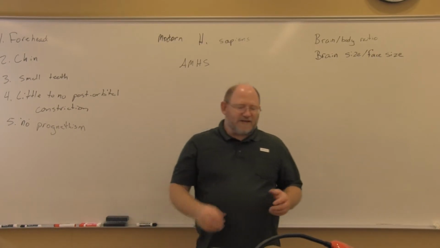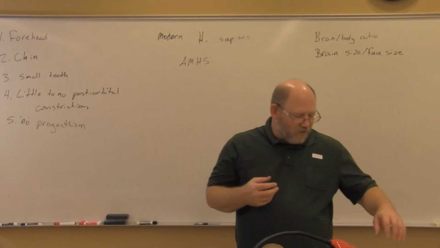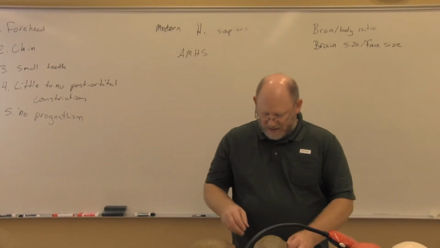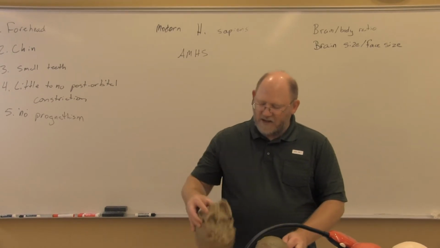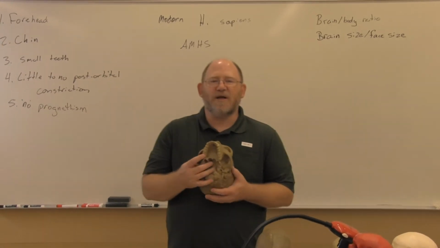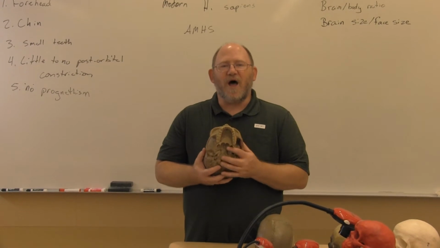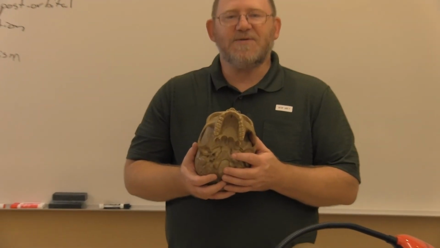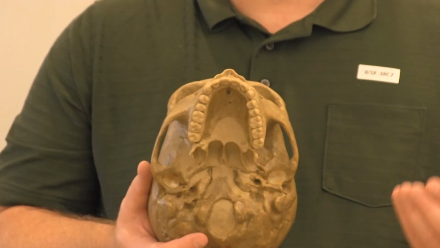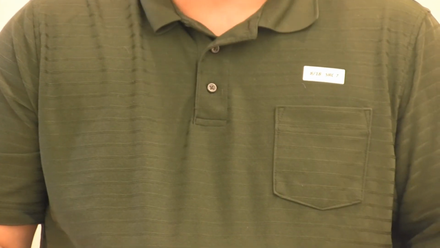Tooth size is smaller. With moderns, even with early moderns, the tooth size is much smaller than we see with other hominids. And associated with that comes a decrease in prognathism.